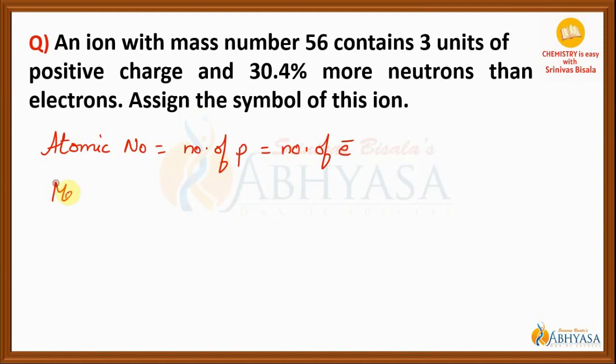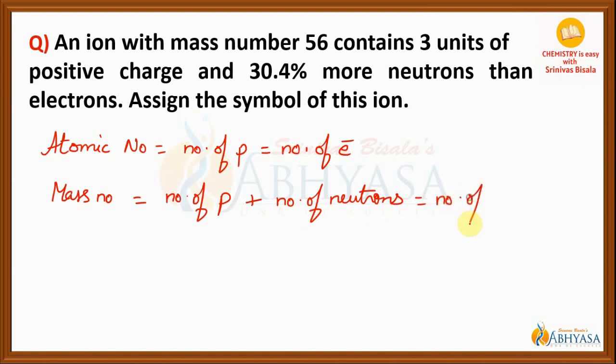Then what is mass number? Mass number is nothing but the sum of protons and the number of neutrons. As these are the particles present inside the nucleus, we also call them nucleons. The total number of nucleons is nothing but the mass number. So if we need the number of electrons, we get it from atomic number.